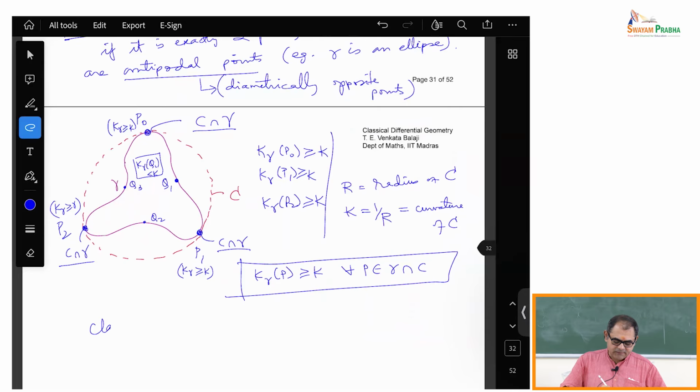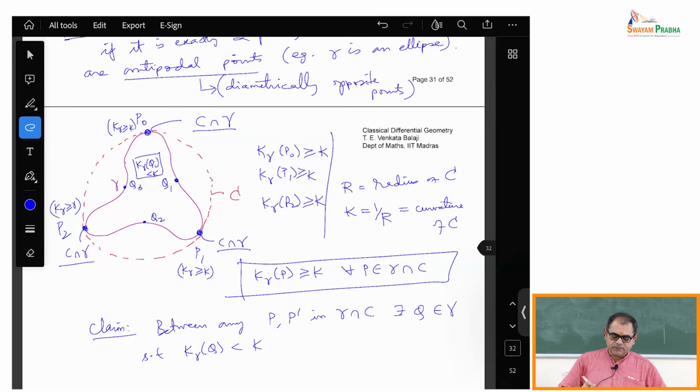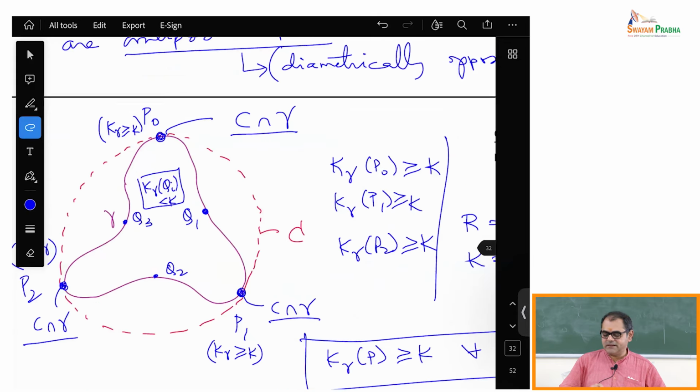So the claim, let me write it more accurately: between any p, p prime in gamma intersection C, there exists a Q belonging to gamma such that the curvature of gamma at Q is strictly less than K. You can believe this from the picture.